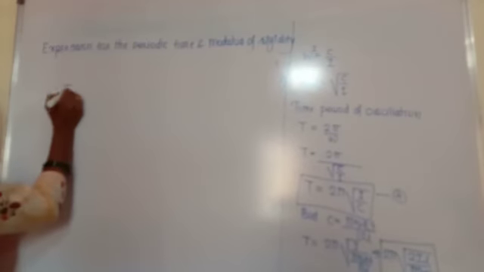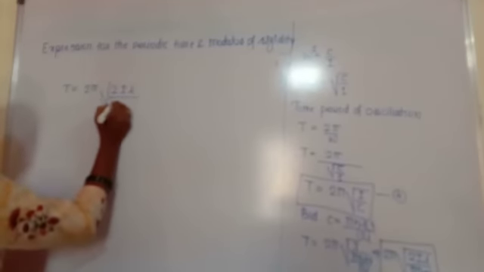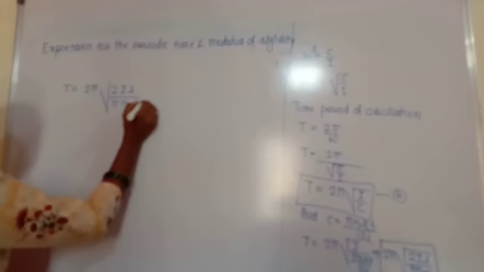So we know that T equals 2 pi square root of 2IL divided by pi eta r to the power 4.